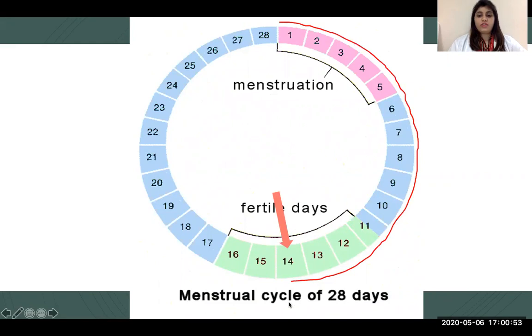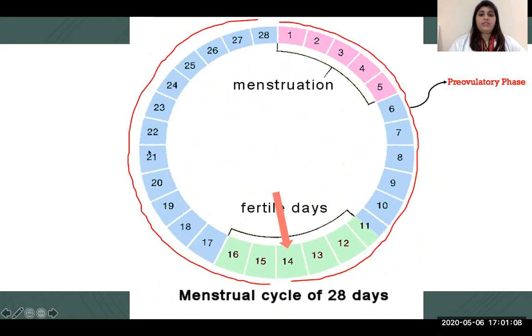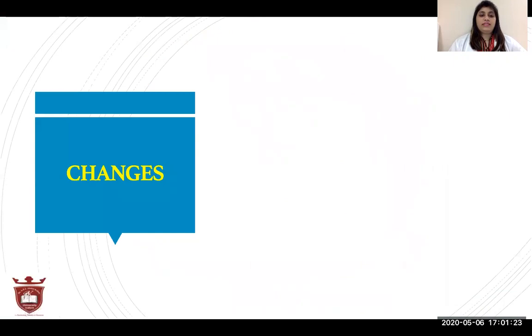From 1st to 14th day, it is the pre-ovulatory phase. The pre-ovulatory phase extends from the 1st to 14th day of the menstrual cycle. It is also called the follicular phase. Then from 15 to 28 days, it is the post-ovulatory phase, also called the luteal phase.